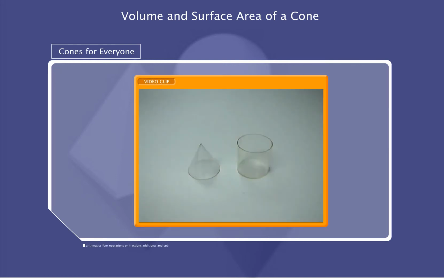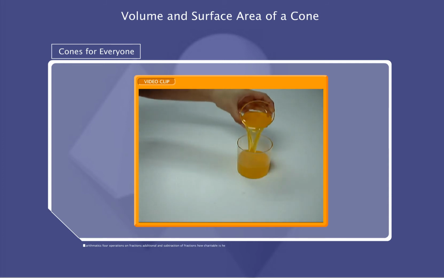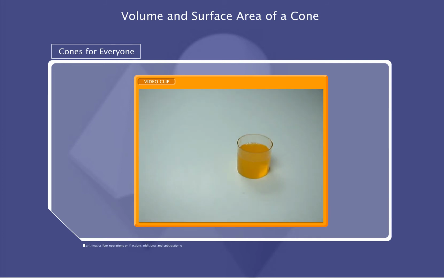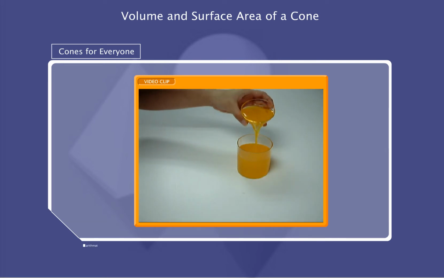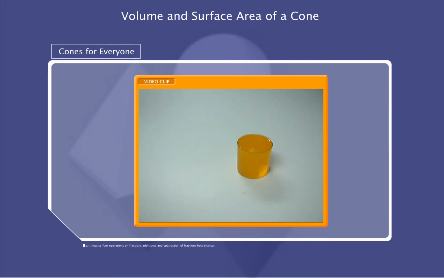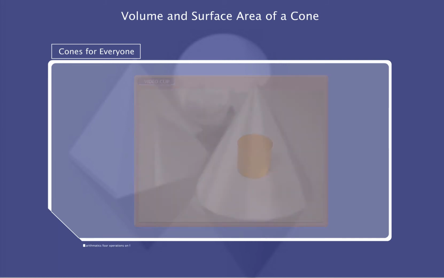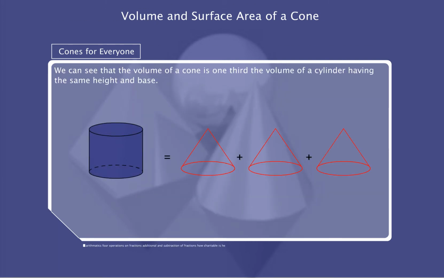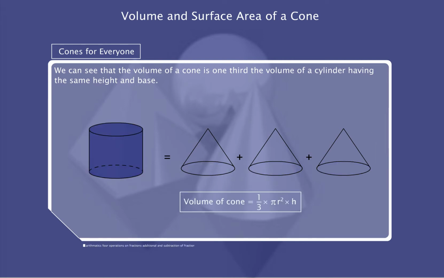Let's compare the volume of a cone with the volume of a cylinder having the same height and base. We can see that the volume of a cone is 1/3 the volume of a cylinder having the same height and base. Hence, we have this formula.